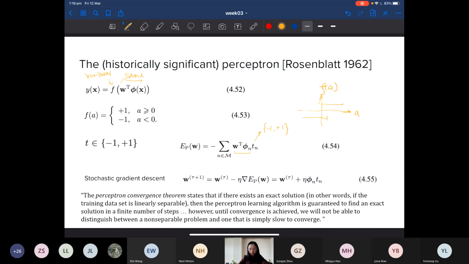Basically, if the target is plus 1 and the feature combination is positive, then this term will be large, right? And if the target is minus 1 and the linear combination W times phi is positive, the term will be negative. We will want the sign of the W times phi to agree with the target in order for this term to be big, right? And we call it an error function. We want to minimize it. Therefore, there's a negative sign in front.